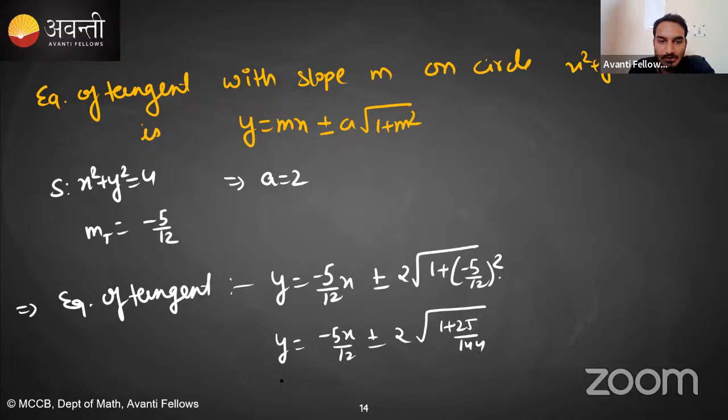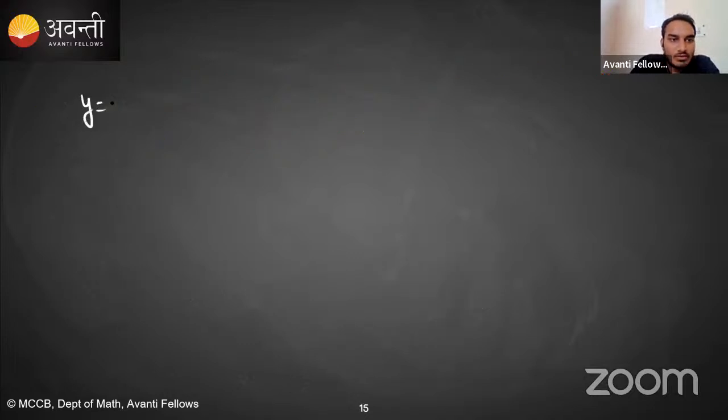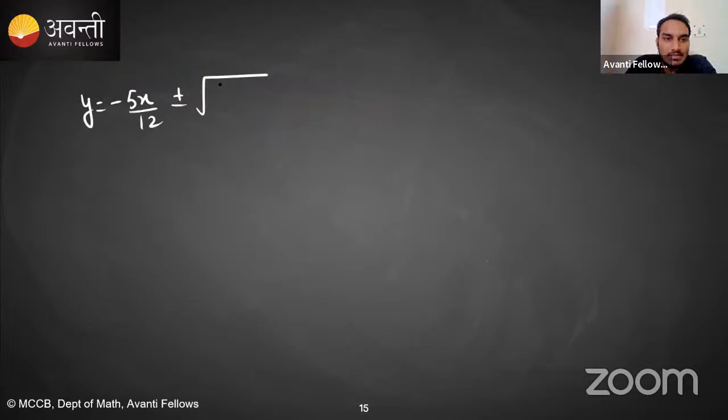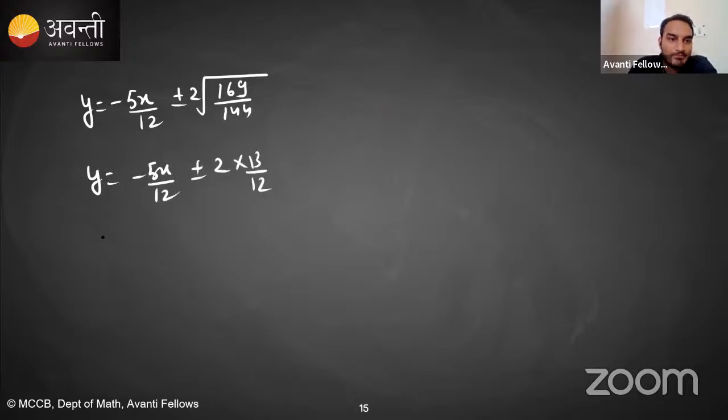So this is nothing but y is equal to minus 5x upon 12 plus minus under root. Take the LCM: 144 plus 25, which is 169 upon 144, and 2 comes outside, right? So y is equal to minus 5x by 12 plus minus 2 times the square root, which is 13 by 12.